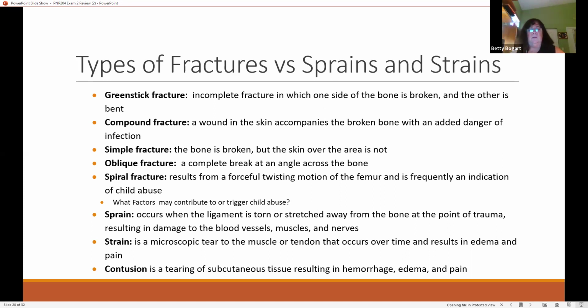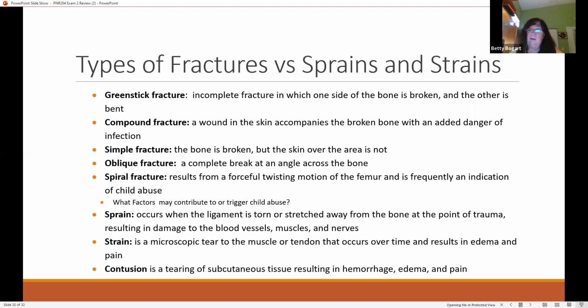Well, we know that it could be drug abuse, poverty, financial difficulty, homelessness, they were abused as a child. You should take a look at the last PowerPoint from last week that we did. Those factors are important to understand, and understanding spiral fractures. And what is your job? Again, to report it, making sure I'll always keep the kids safe.